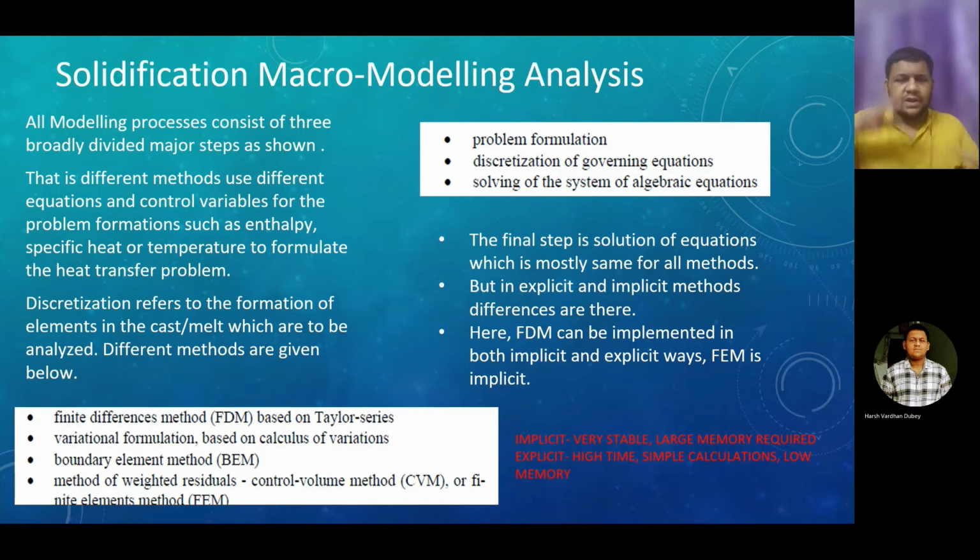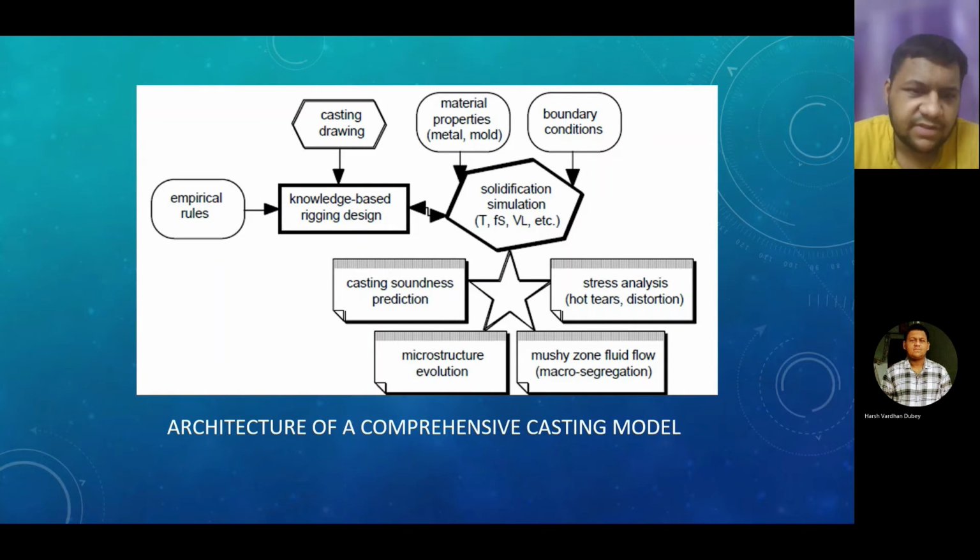When it is implicit, it is very stable, but the memory space required is larger. When it is explicit, the time required is larger, but the calculation is simple and low memory is required. There are two differences.